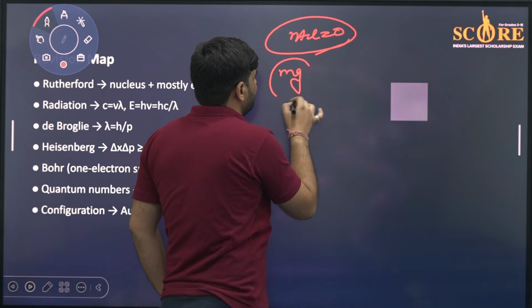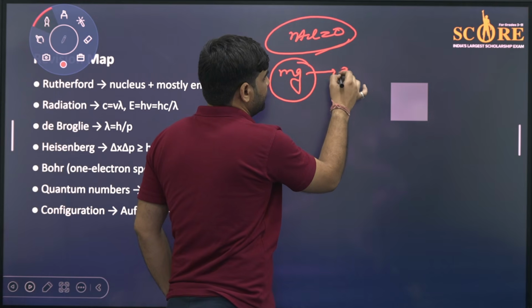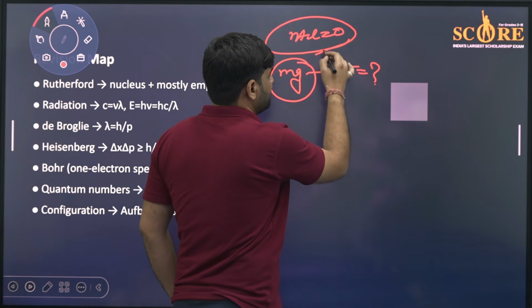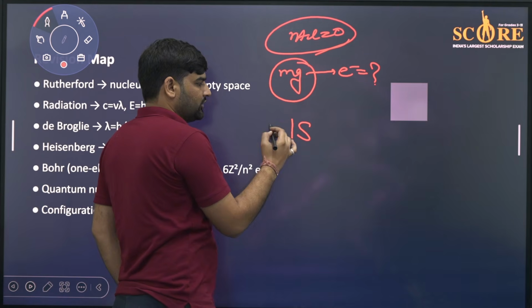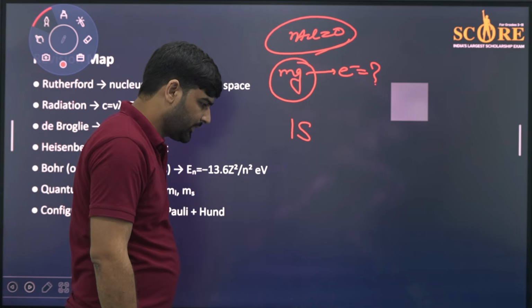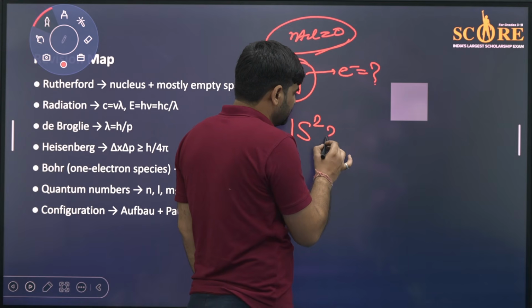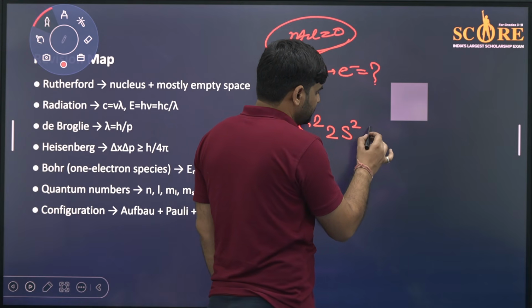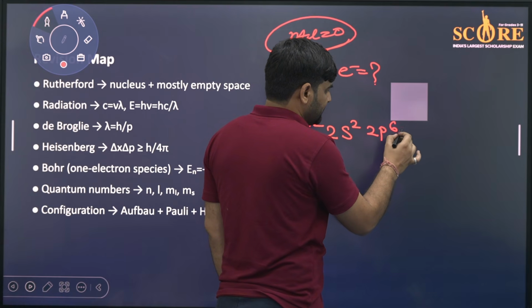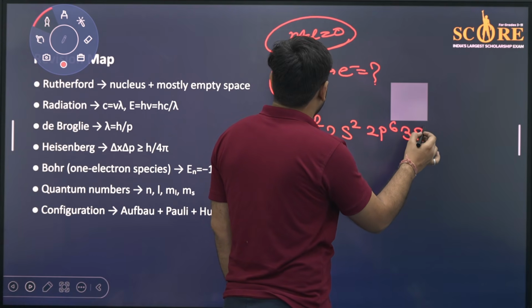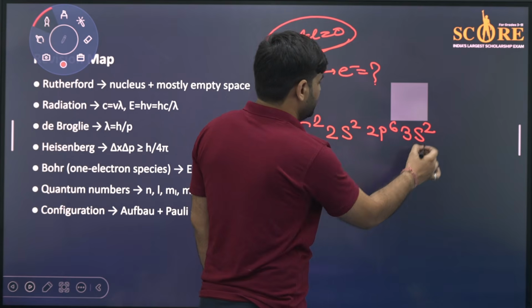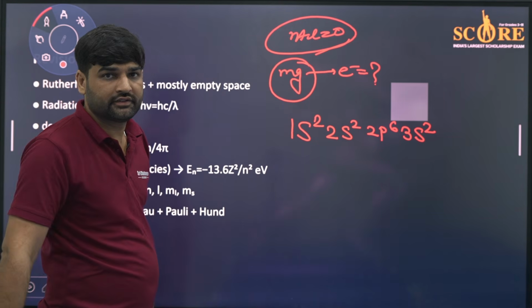In magnesium, how many electrons are present which satisfy this equation? So for that also, you have to write the electronic configuration 1s2, 2s2, 2p6, 3s2. This is the magnesium configuration.